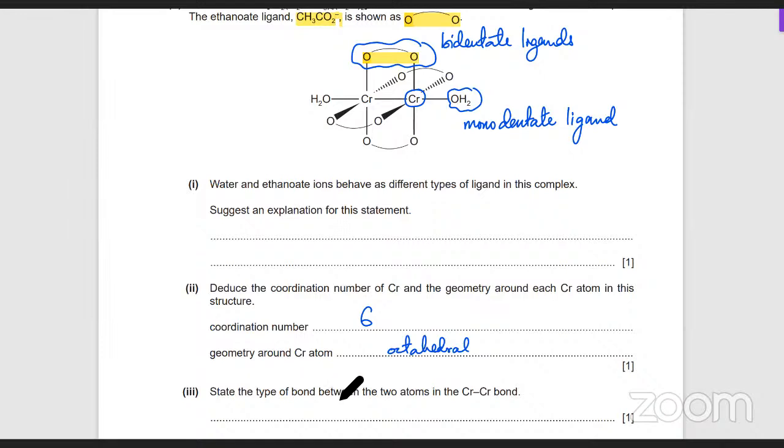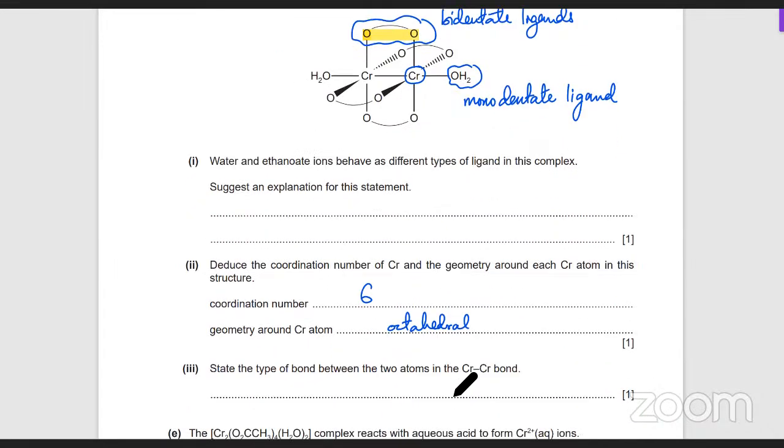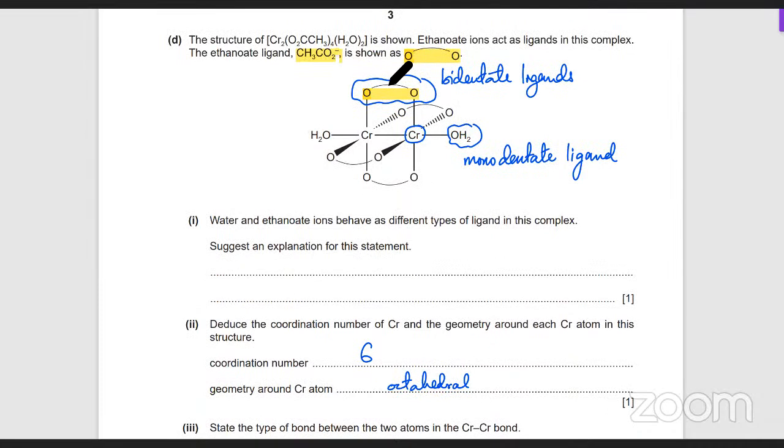State the type of bond between the two atoms in the Cr-Cr bond. The one in the middle. So what type of bond would this Cr-Cr be? Covalent. And why would it be a covalent bond?